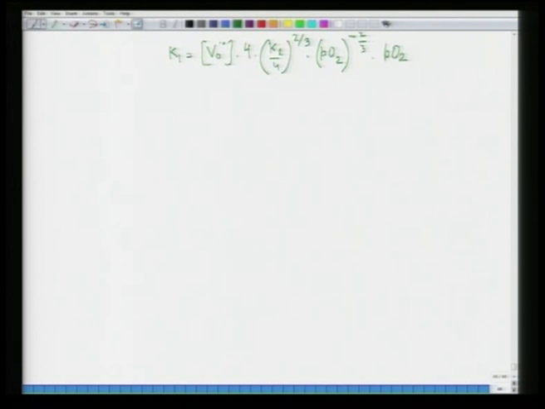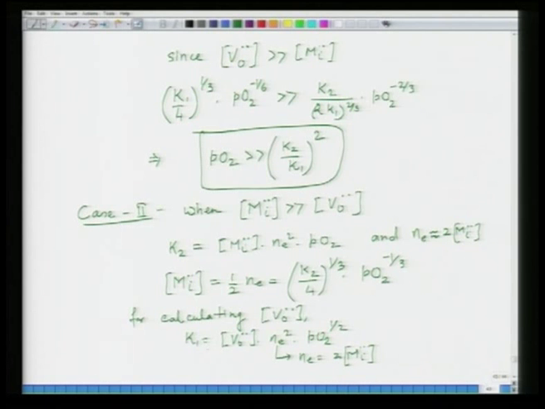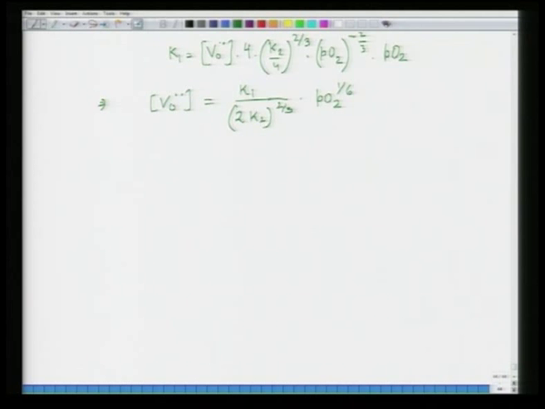Okay. So, now if you work out the expression for VO in terms of PO2, what you will find is VO is equal to K1 divided by 2 K2 to the power 2 by 3 into PO to the power 1 by 6. So, we can see here that in this regime Mi has a pressure dependence of PO to the power minus 1 by 3, and VO has a dependence of PO to the power 1 by 6.